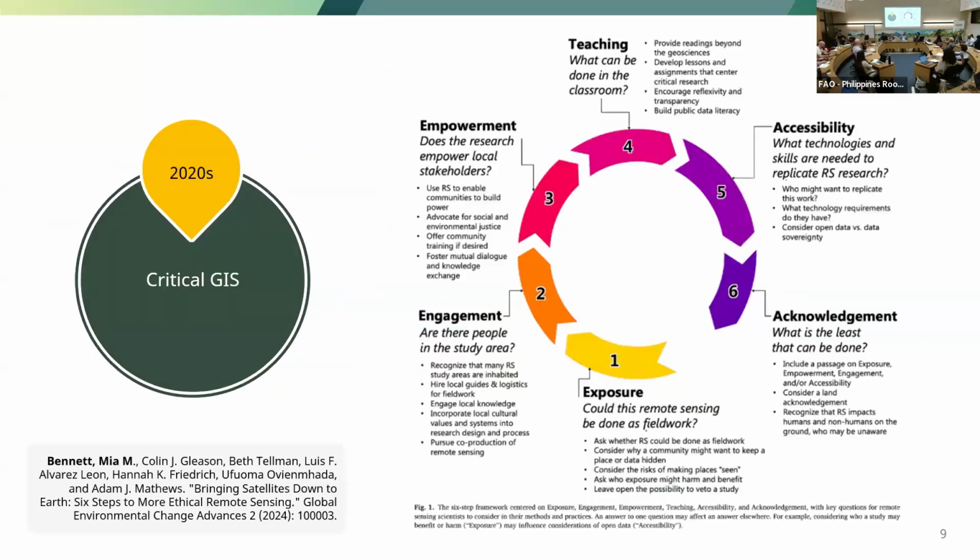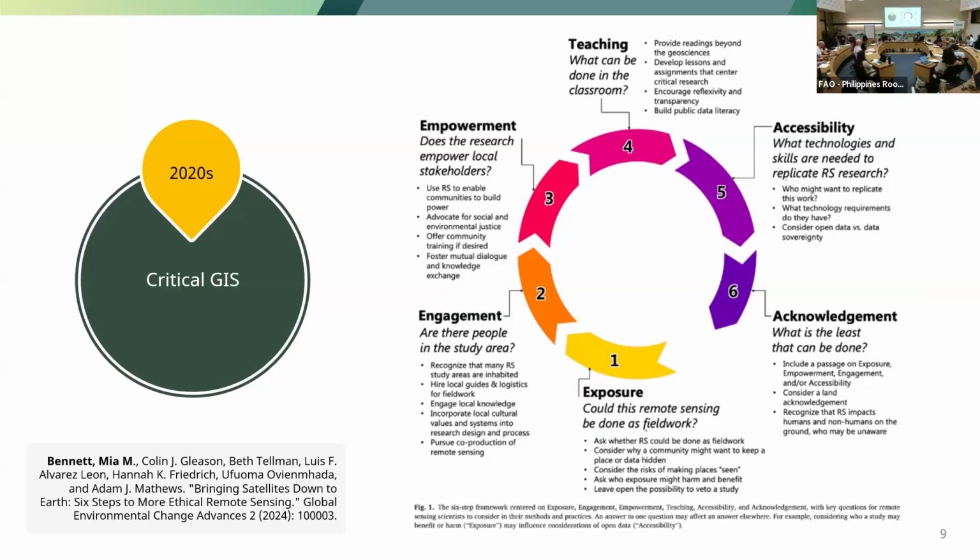So Mia Bennett's work, absolutely incredible. I think this was published only a year or two ago, really started going into the cyclical life of your research and asking certain questions on exposure. So it asks about, could this remote sensing be done as field work? Is it necessary?